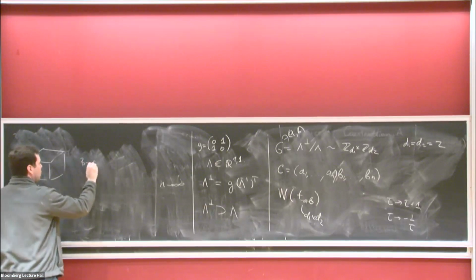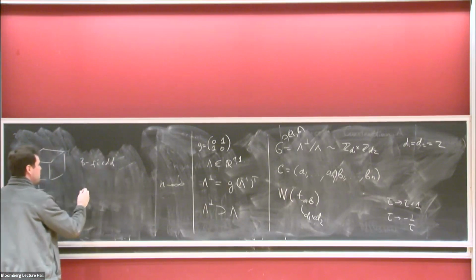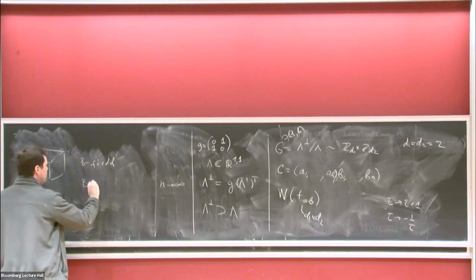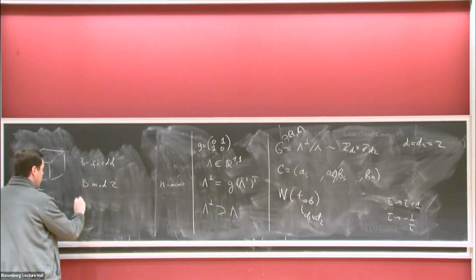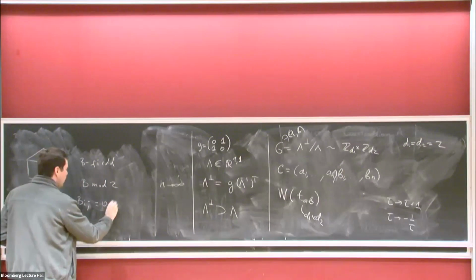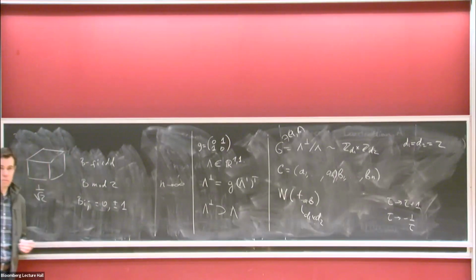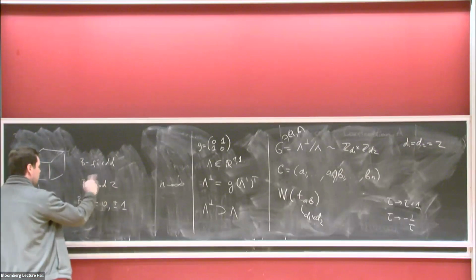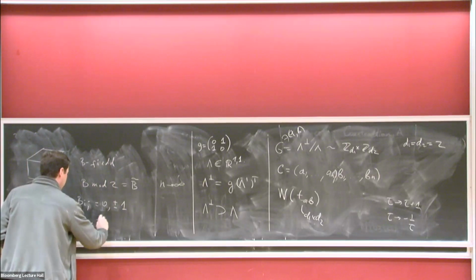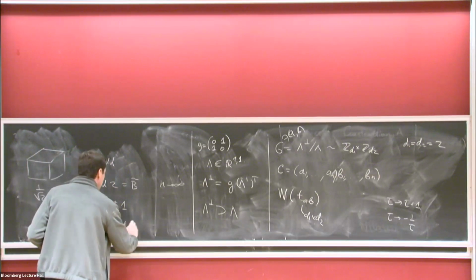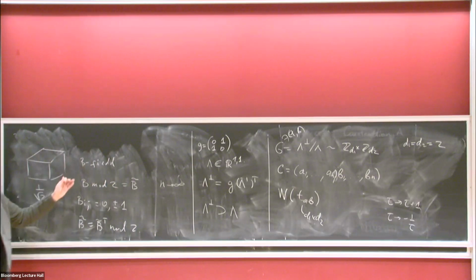We know that the B field is an antisymmetric matrix, but if you consider B mod 2, it will be a symmetric matrix, because in this particular case B_ij is only allowed to be 0 and plus or minus 1. And then on the diagonal we will have 0, because it started from being a B field, an antisymmetric matrix. So the original construction discusses compactification on a unit cube.